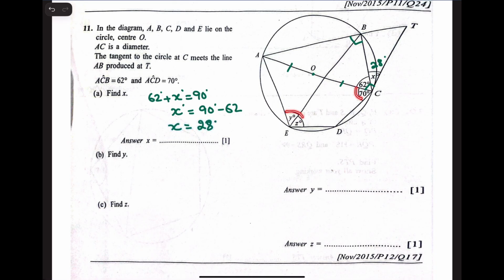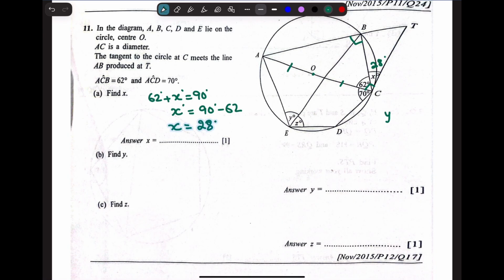So this angle and this angle must add up to 180. So Y plus Z plus 70 is 180 degrees. Alright, so Y plus Z is going to be 110 degrees. So this entire angle is 110 degrees.